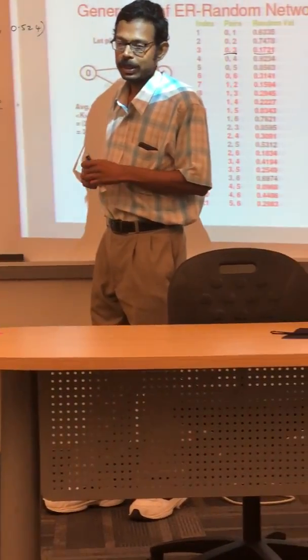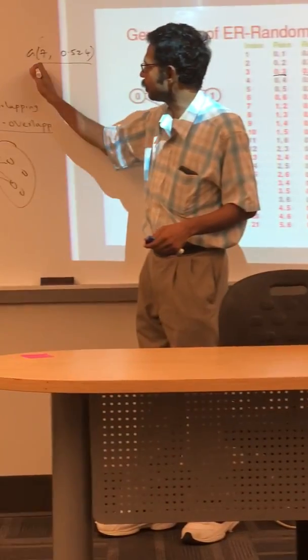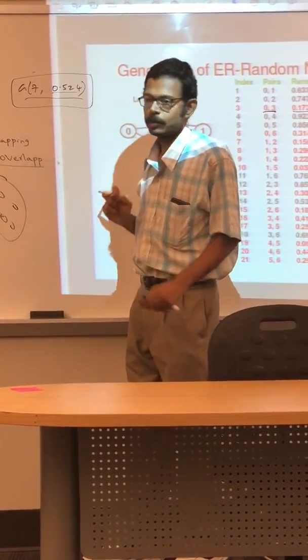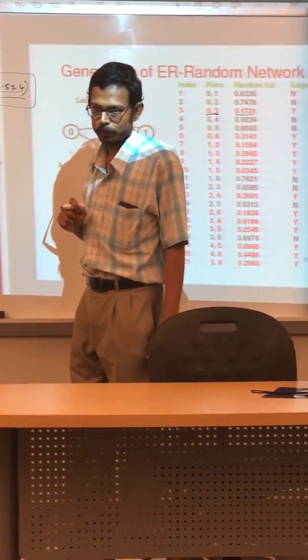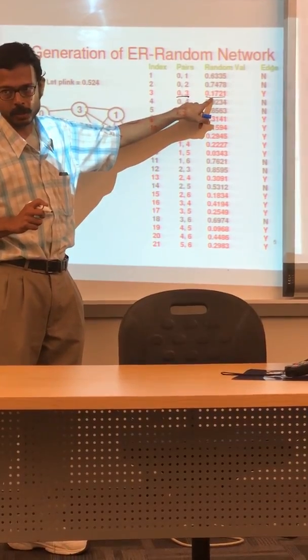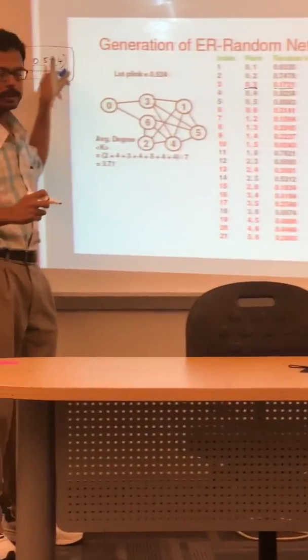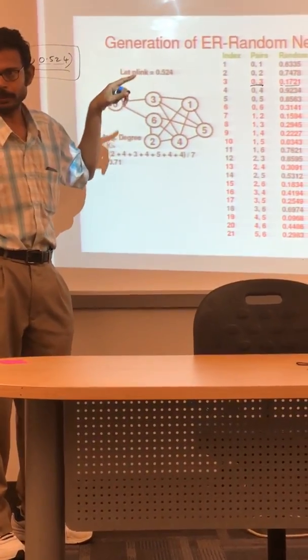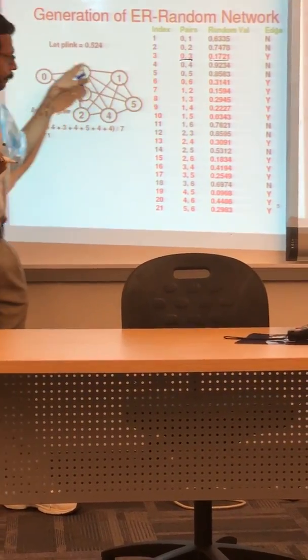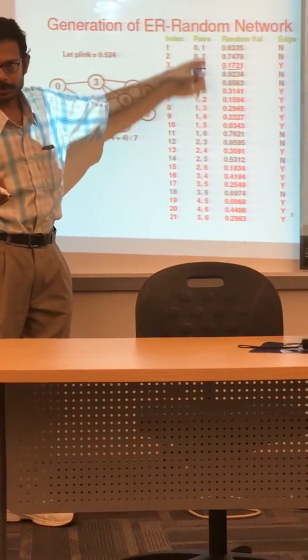Okay? So I want to generate a random network of 7 nodes such that the probability for a link between any two nodes is a specific value, like 0.524. So if the random number that you generate is less than or equal to this p-link value, then you say there's an edge between them, otherwise no. So you may realize by now, the graph that you generate depends on the random numbers that you generate.